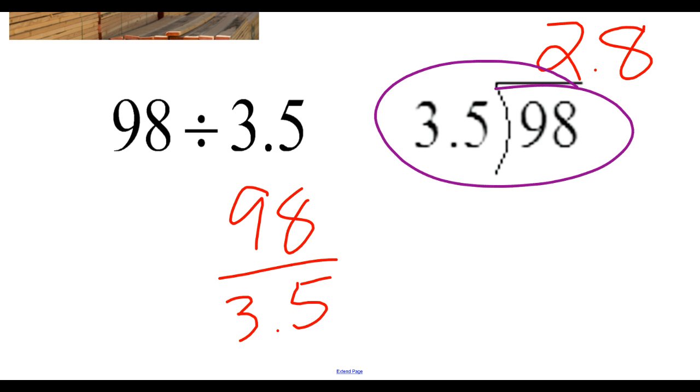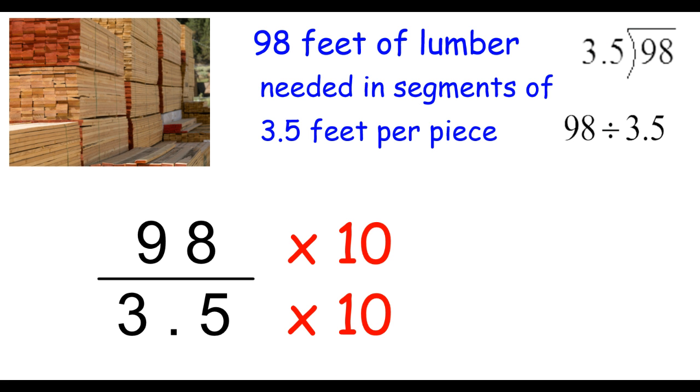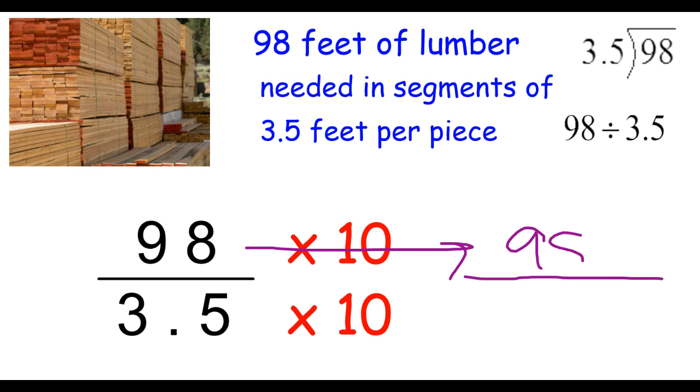Now, to get rid of a decimal point, or to move a decimal point within a number, that's one of the shortcuts that we learned in lower school that comes from multiplying and dividing by 10. So if we took 98 and 3.5 and multiplied the numerator and denominator both by 10, we end up with a fraction that means the same thing. This is the whole point of creating equivalent fractions. Well, 98 times 10 is 980. 3.5 times 10 is 35.